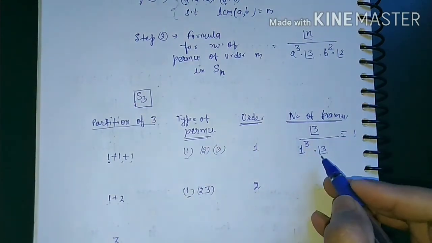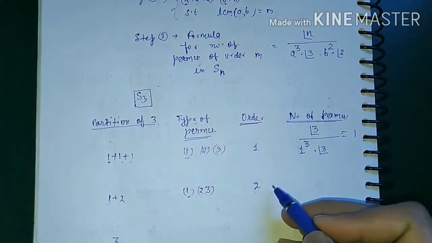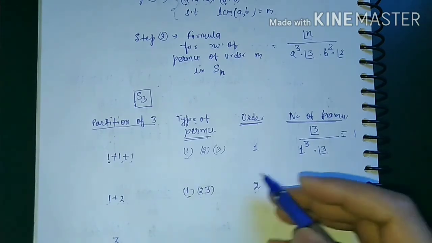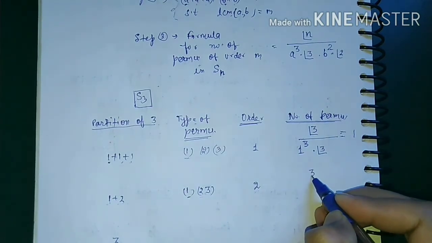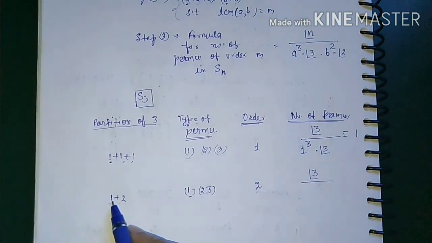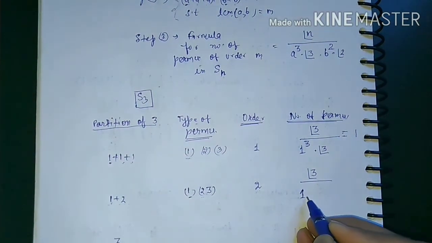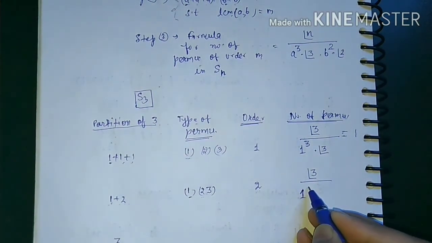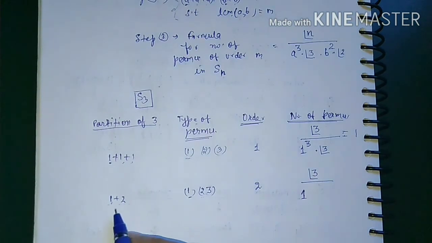So the order of this type of permutation is 2. And from the formula, the number of permutations of order 2 in S3 is 3 factorial upon, first we write the element from the partition, which is 1, and in the power of 1 we write the number of times 1 repeats itself in this partition.